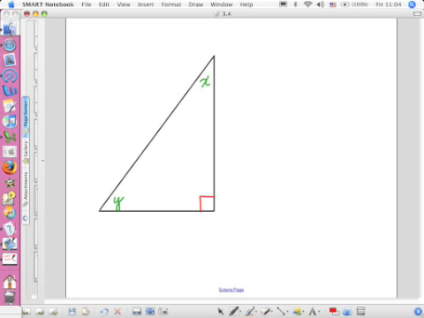All right, the next one says this. In a triangle, and we've already said this is common sense, there can only be one right angle or one obtuse angle. You cannot have more than one right angle, and you cannot have more than one obtuse angle in a triangle.